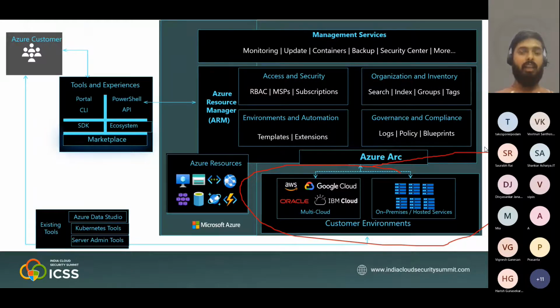It also helps you organize your overall environment, do an inventory, perform any kind of environment automation, and a very important piece, keep governance and compliance within your environment as well.